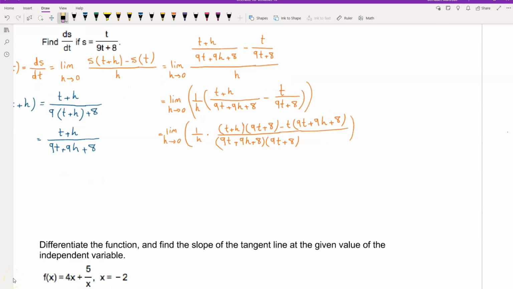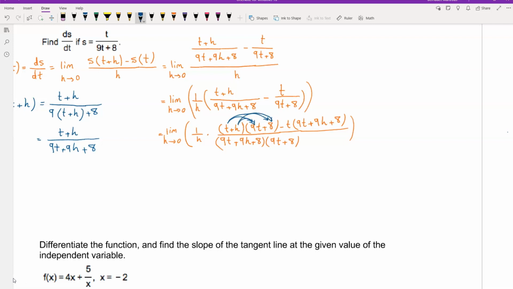Now here we have the common denominator 9t plus 9h plus 8 multiplied by 9t plus 8. And based on that, our numerator is t plus h times 9t plus 8 minus t times 9t plus 9h plus 8. So we have to multiply t times 9t, t times 8, h times 9t, h times 8.